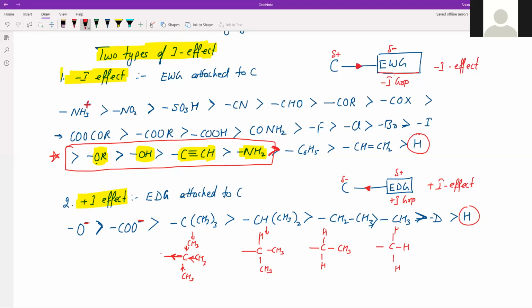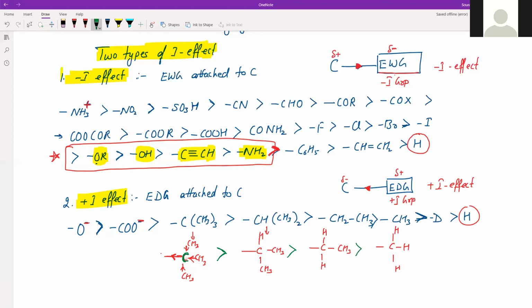So obviously, because there are three electron repelling groups here, and we have studied that I effect adds up, all these three effects add up and form the I effect for this central carbon. That's why it is more. This one is less because it has only two alkyl groups. This is even lesser because it has only one alkyl group.